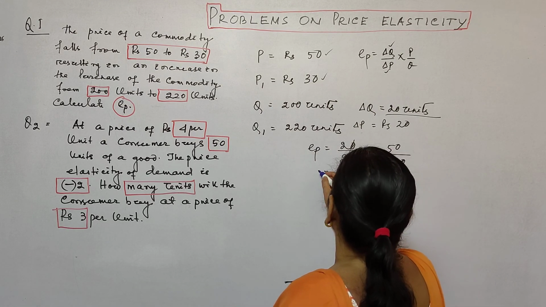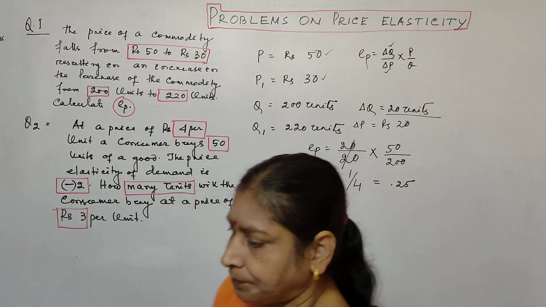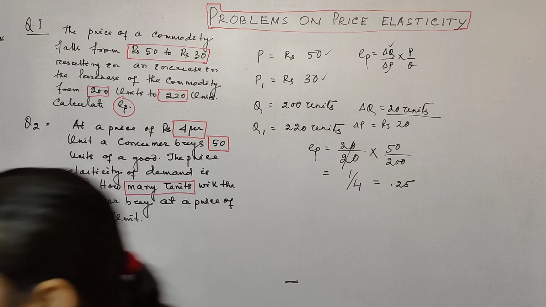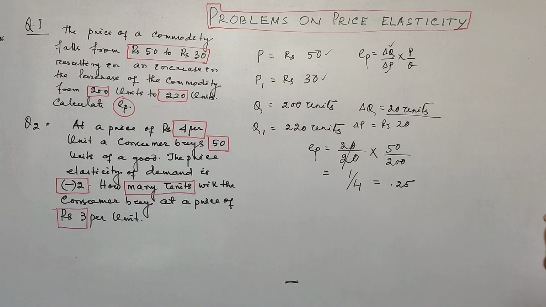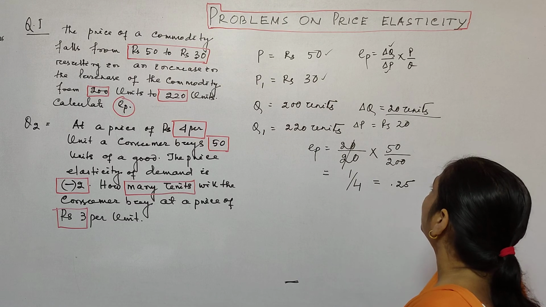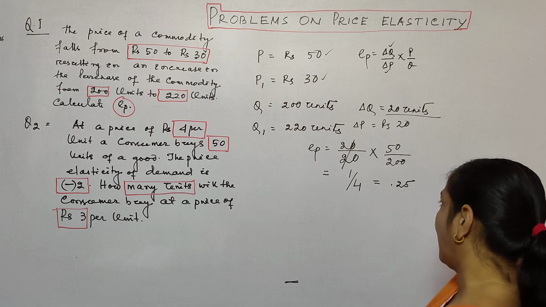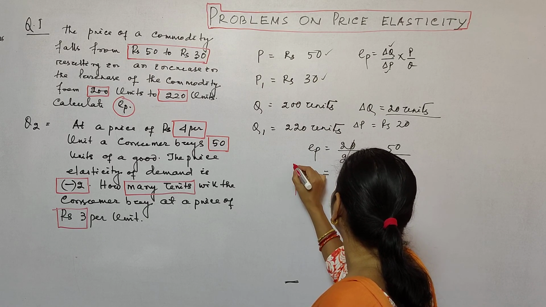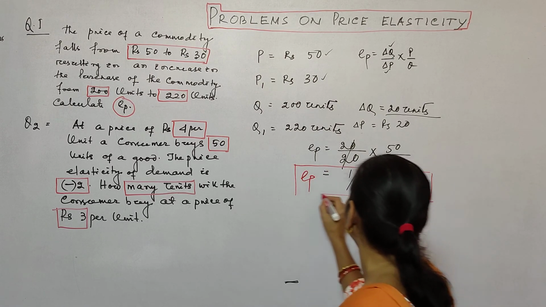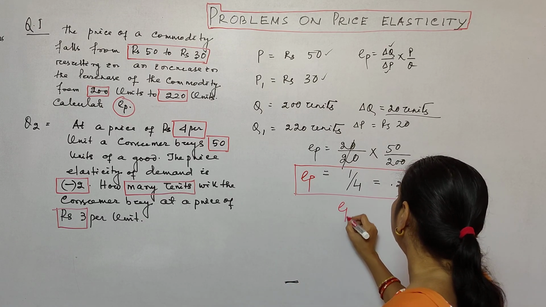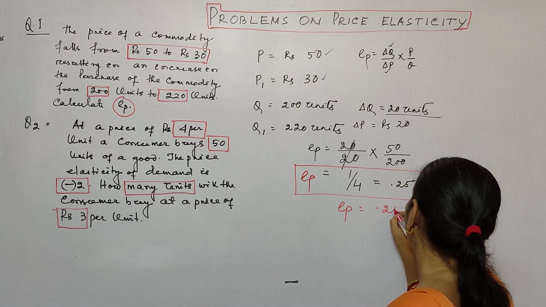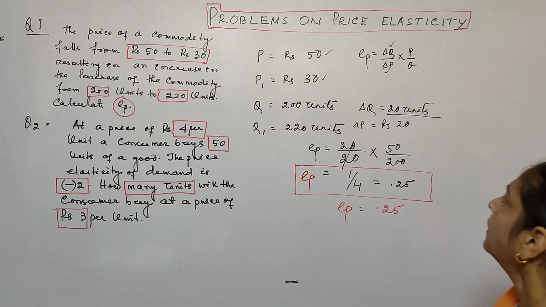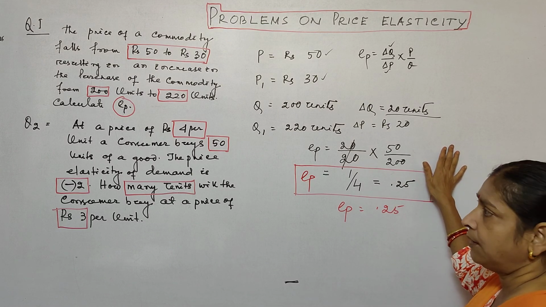So friends, we have found the value of EP with the application of the formula. EP equal to 0.25. This is our value of EP. So friends, this problem we have solved.